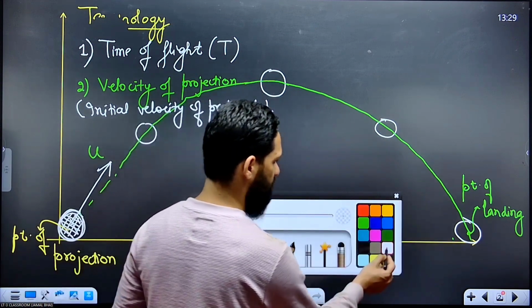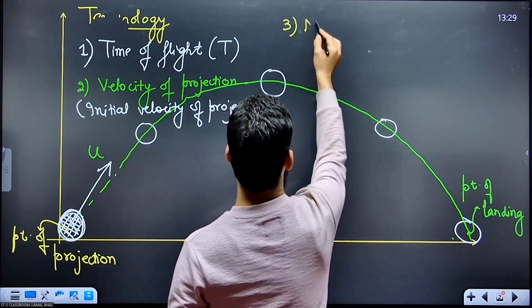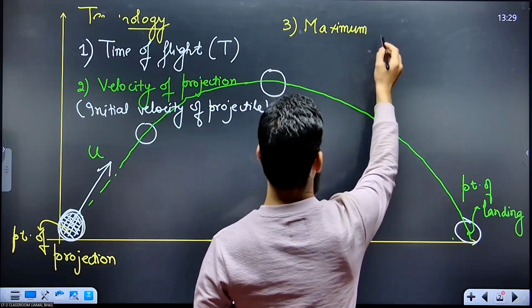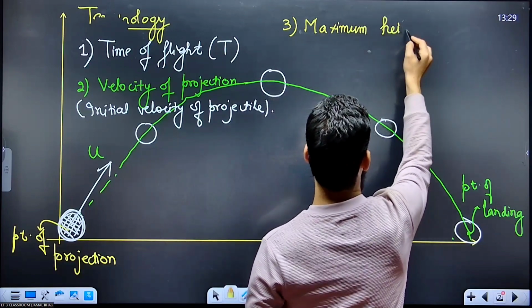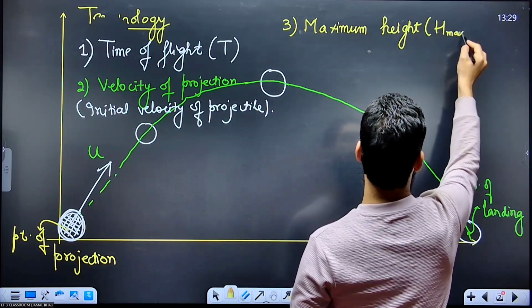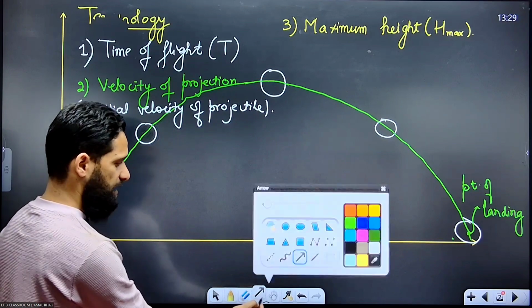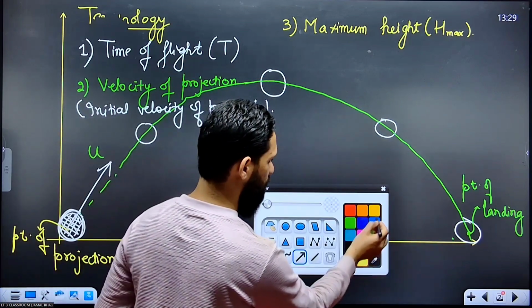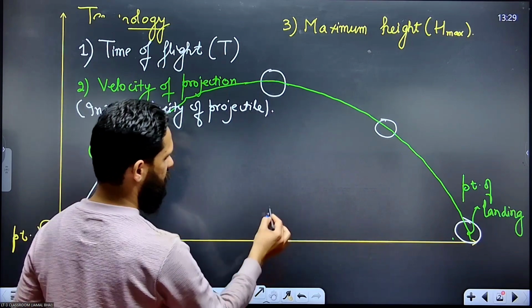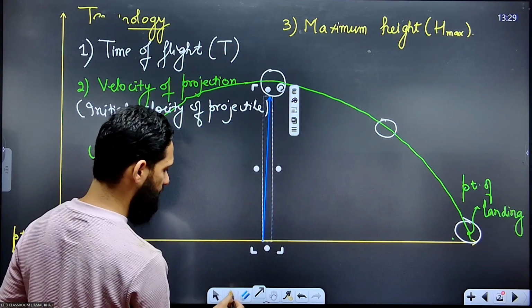Now the third term associated with this is the maximum height of projectile. We may represent it with h max. It will be evident from the diagram that maximum height is the height of the body from the ground, but it should be the maximum one.